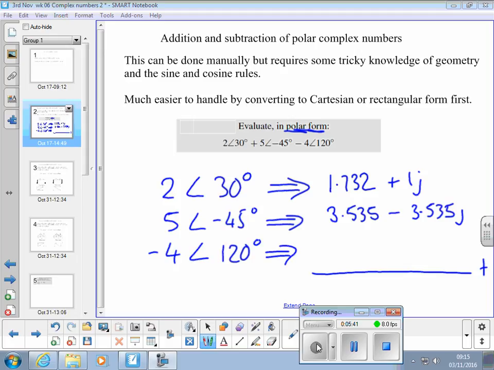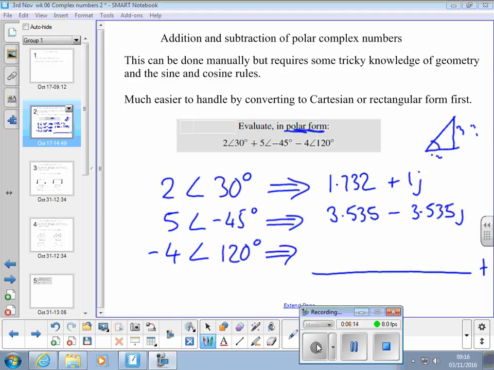Which is right for 45 degrees. Think about it: you're going 45 degrees, so you're always going to end up with these two sides of equal length. So that's the 3.535 there. That's negative, but you're going to have 3.535 there because the angle is 45 degrees, half the full 90. The two side lengths of that triangle are always going to be the same for 45 degrees.